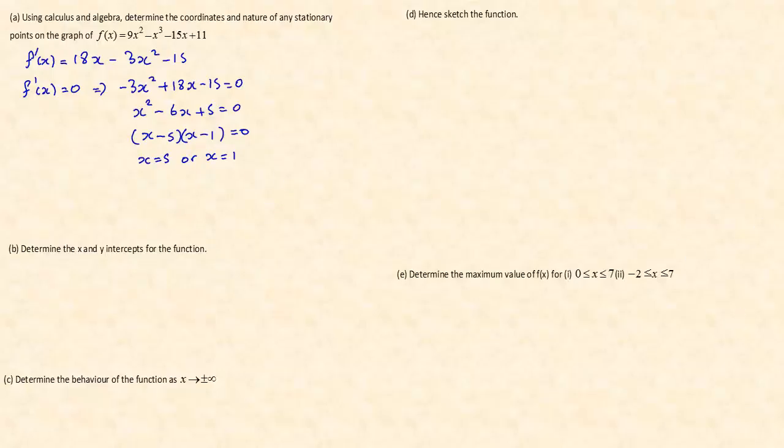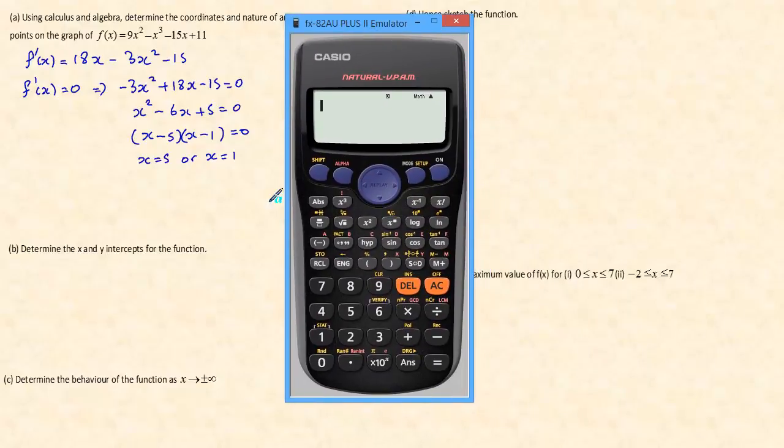So if x is 5, then f of 5, to find the y coordinate, is going to be 9 times 25, take away 125, take away 15 times 5, add 11. So that gives us 36.